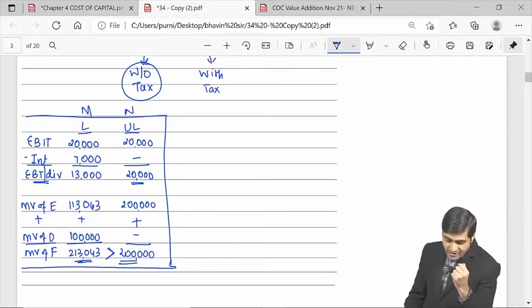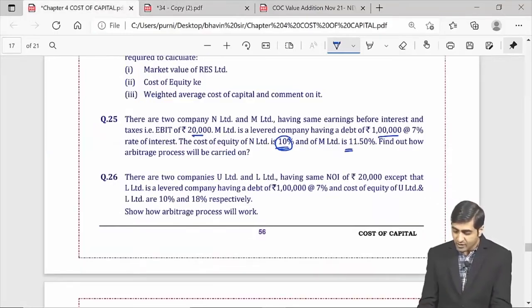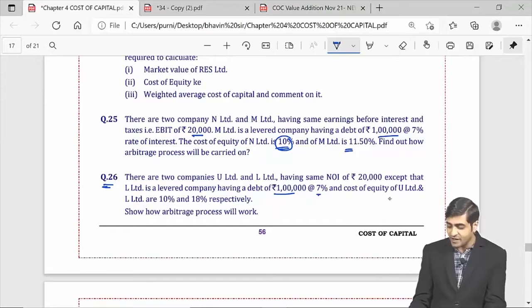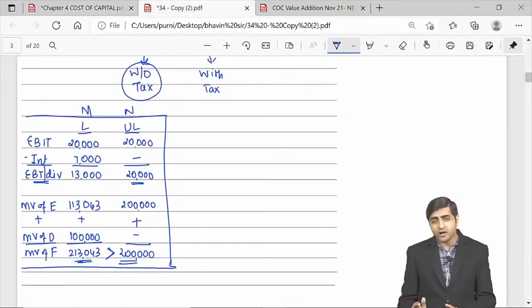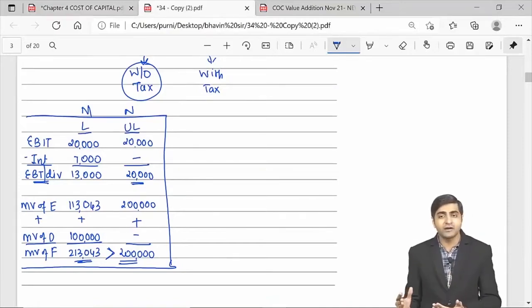So in this particular question you have understood that M has a higher value as compared to N. The same format you can apply to the next question as well, question number 26. Here also we have the debt value and the rate of interest available. We have cost of equity available as 10 and 18, and we can calculate the market value of the company for levered as well as unlevered.